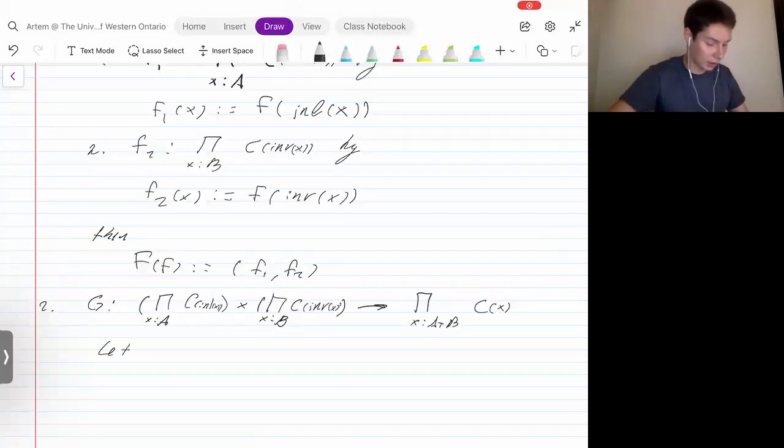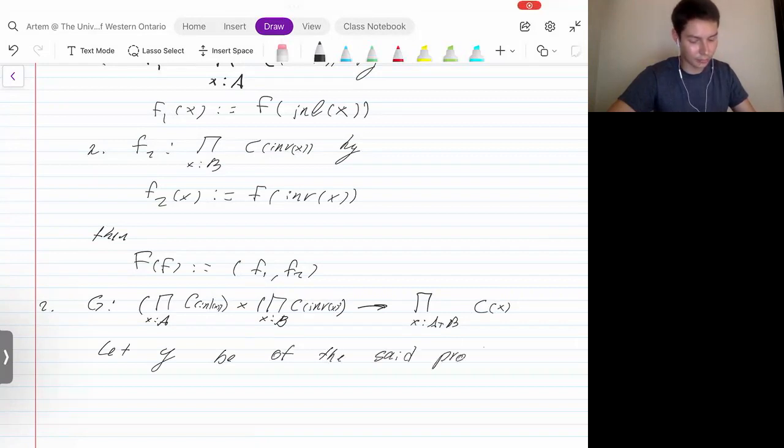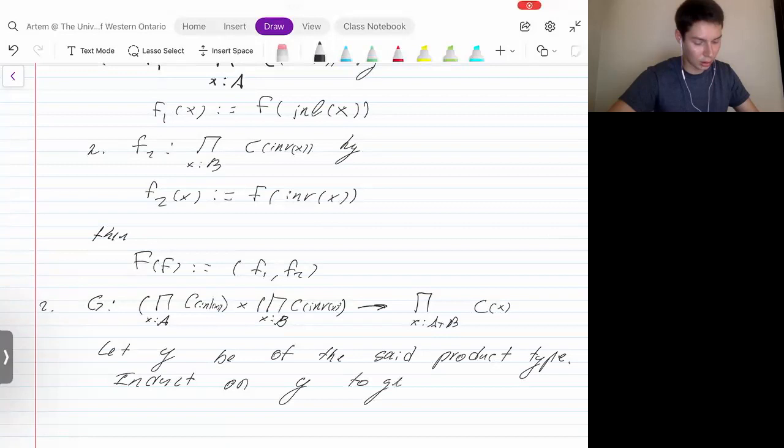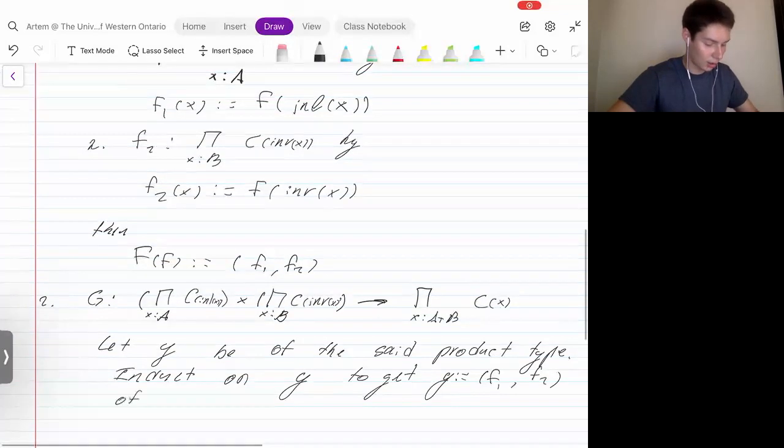So let y be of the said product type. Induct on y to get y as f1 and f2 of the required types.